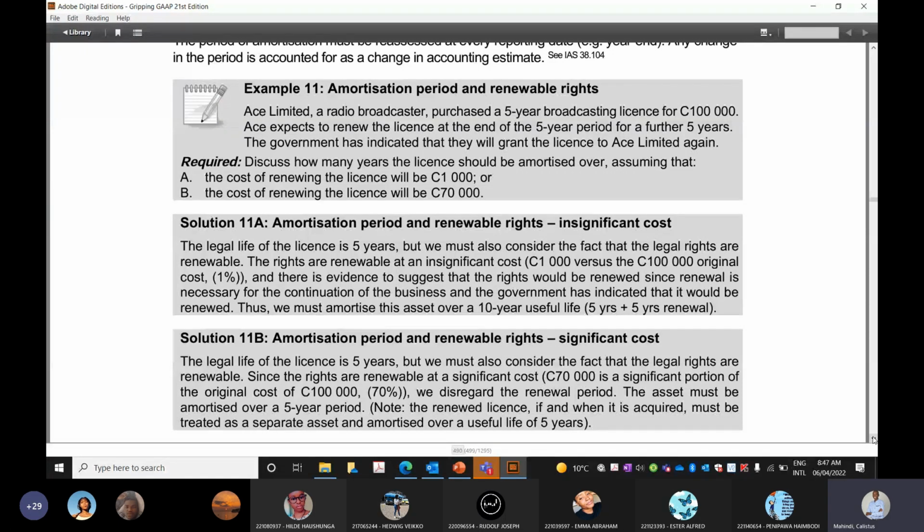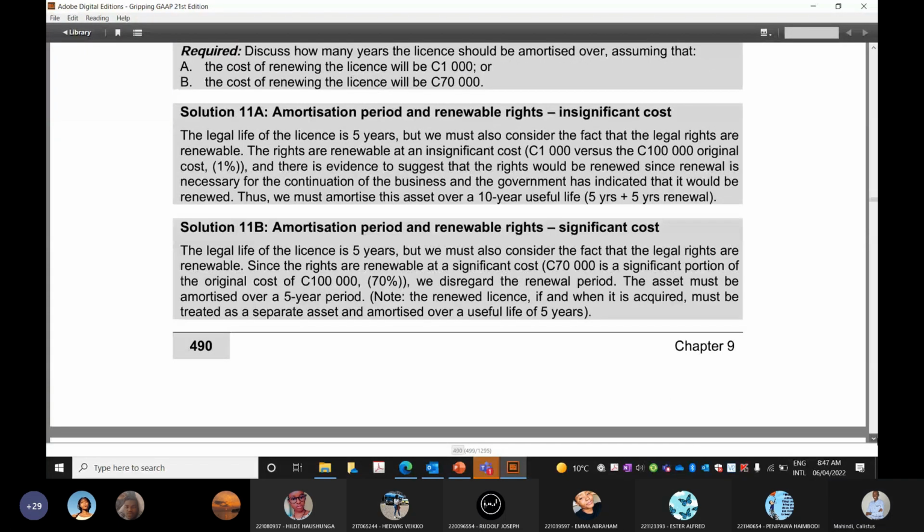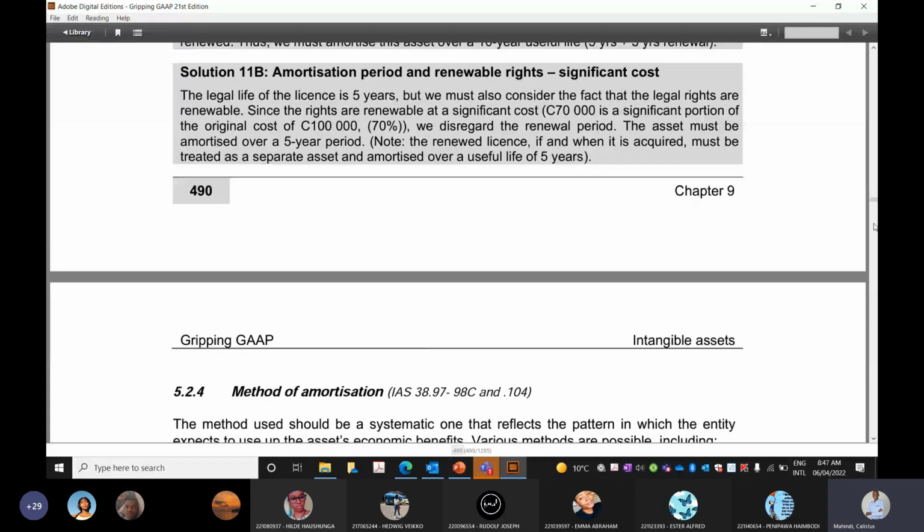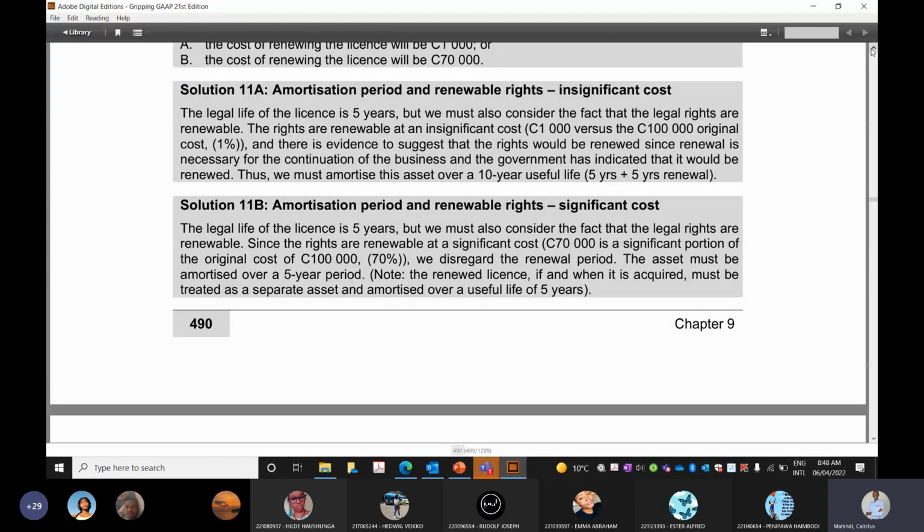All right. So the important thing that we note is that in the second instance the renewal cost is significant. It's 70,000 compared to the original 100,000. So it's 70% of the cost of actually getting a new license.